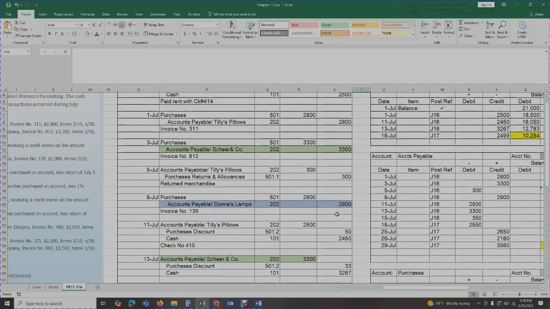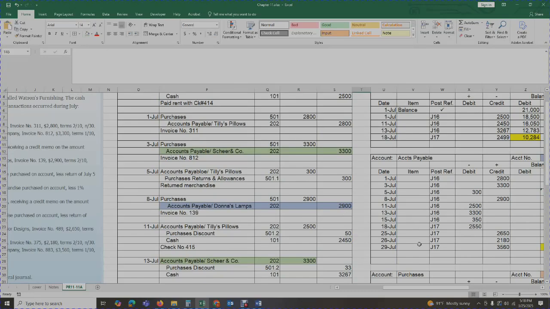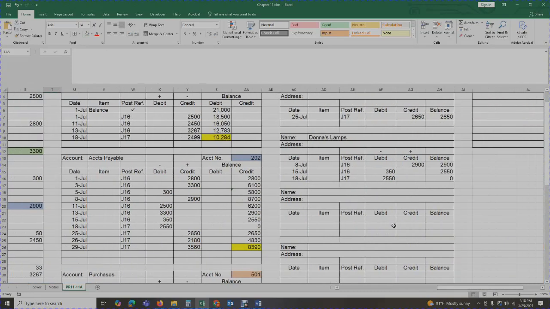So we're going to enter them into our subsidiary ledger. This is for Shear and Company. We're going to start off with July the 3rd. On July the 3rd, this is Journal 16, we had a credit of $3,300.